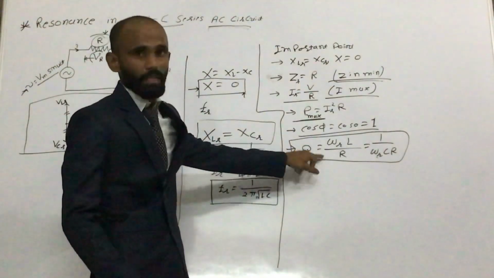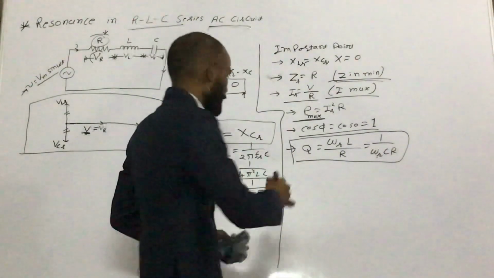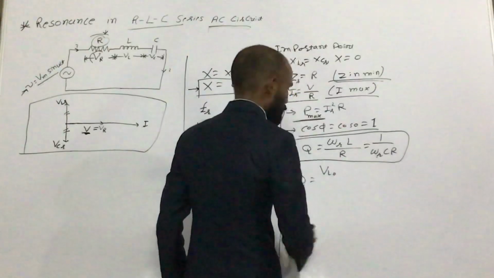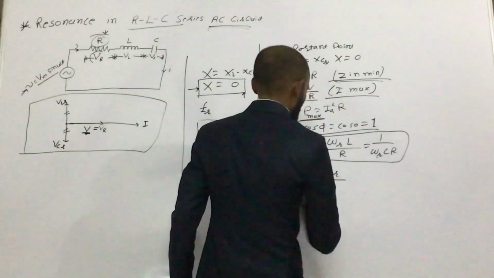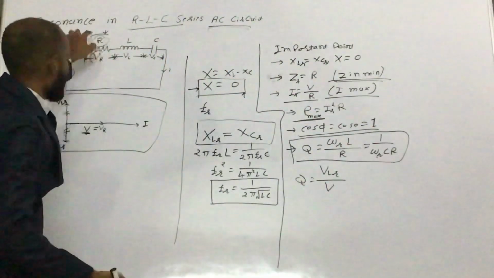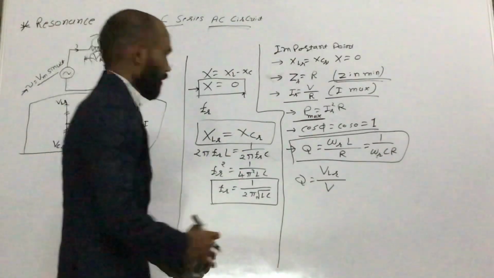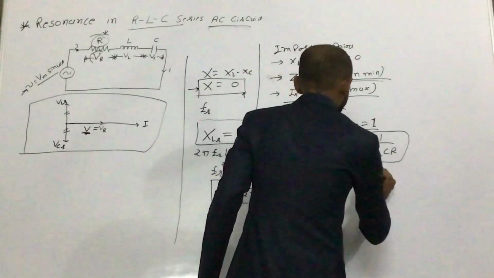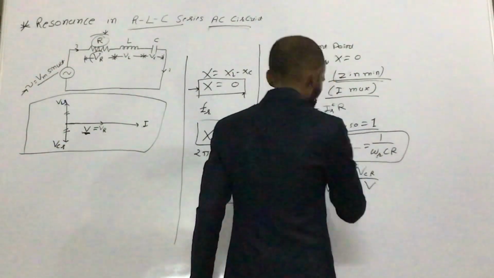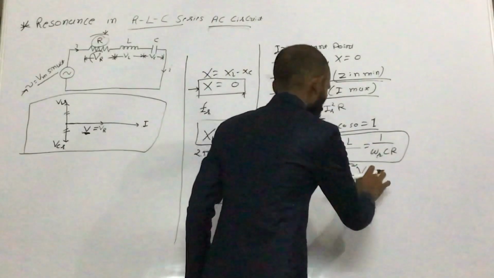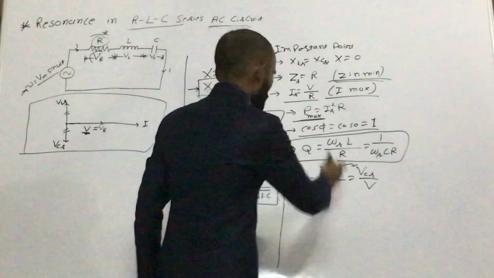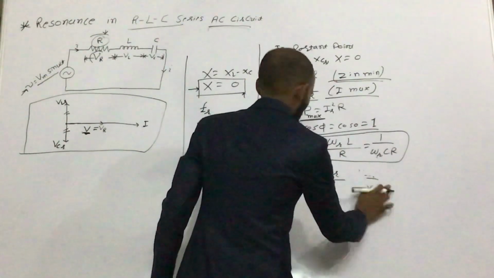So the quality factor is equal to the voltage across the inductor at resonance divided by the applied voltage, and since the whole voltage appears across R, we can write V only. Or it is equal to VCR divided by V, because the voltage across the inductor and the voltage across the capacitor are the same. So by using this equation we can obtain these two values. Here we obtain this value omega L by R.